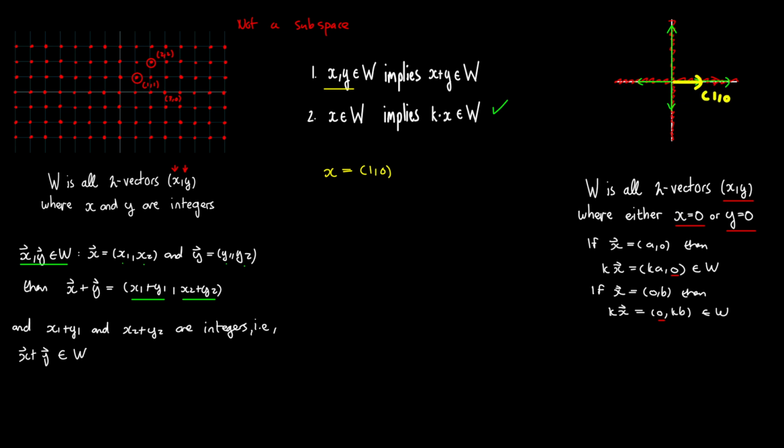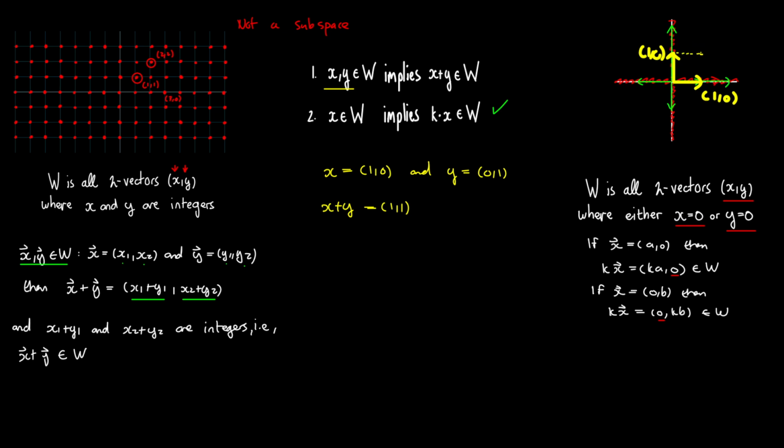And then let's let our vector y be equal to (0, 1). Which vector is this? Well, it's just this vector here. Now when I add these 2 vectors, x plus y, I'm just going to get the vector (1, 1). It's very easy to see. And which vector is that? It's this vector, right?